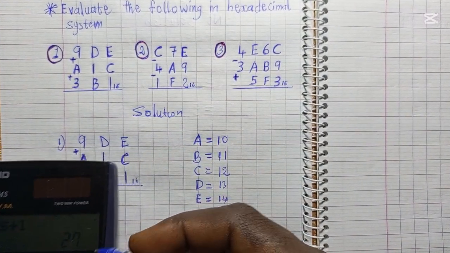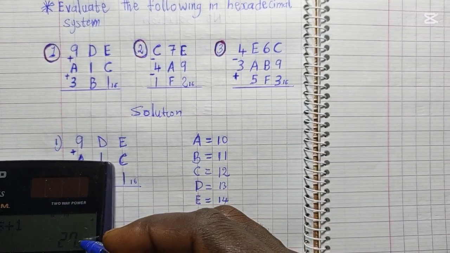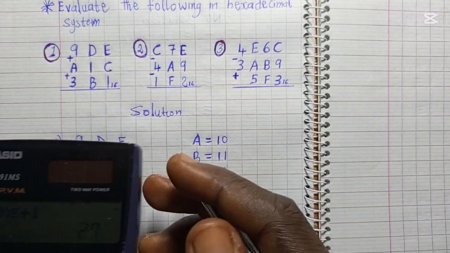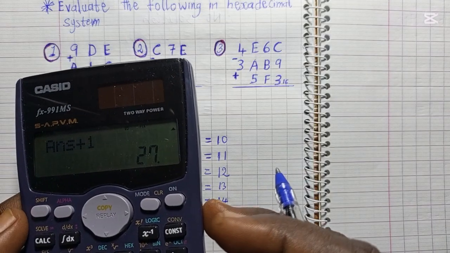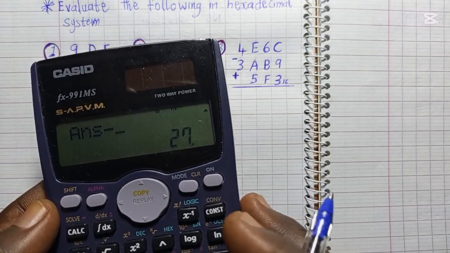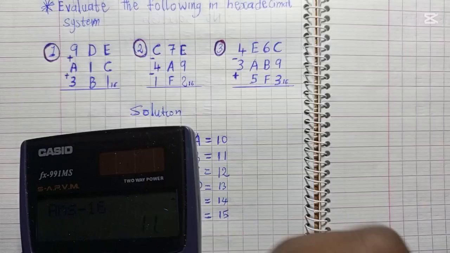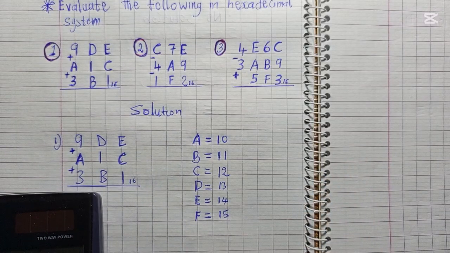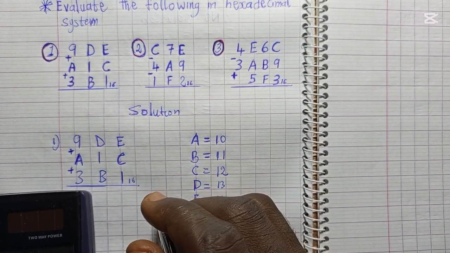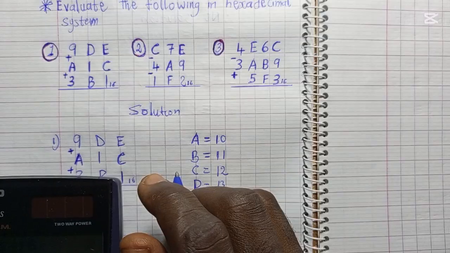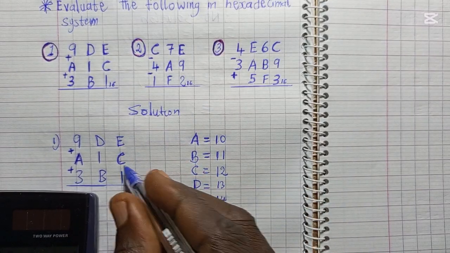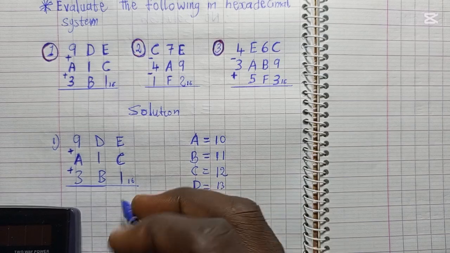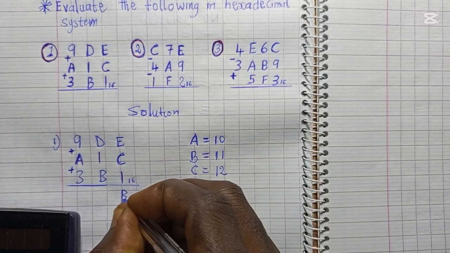How many times can 16 go in 27? 27 minus 16 is 11, with a quotient of 1. So 16 goes in 27 once and we have a remainder of 11, and 11 here is B, so we write B here.